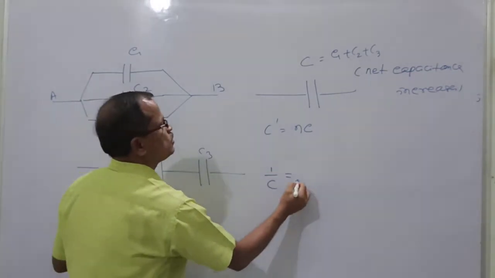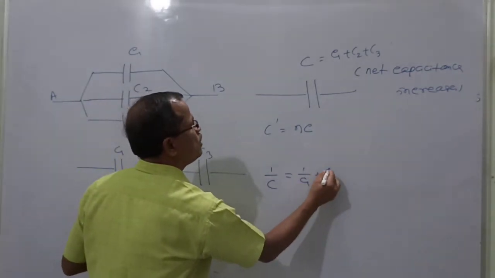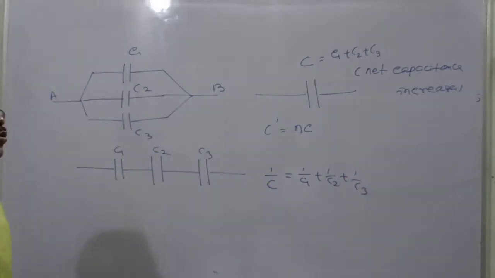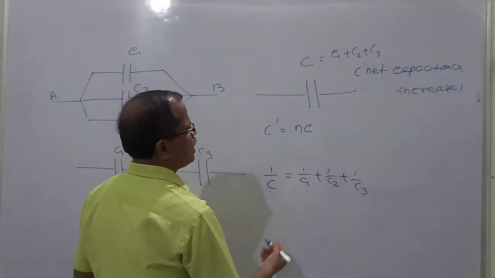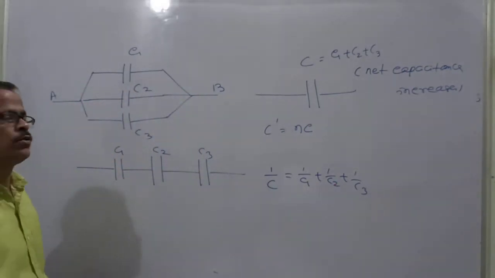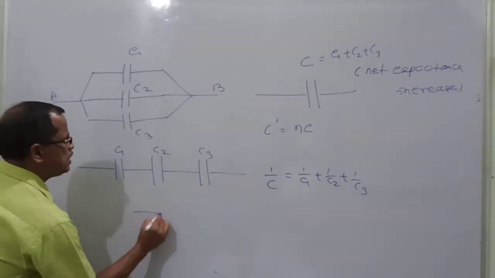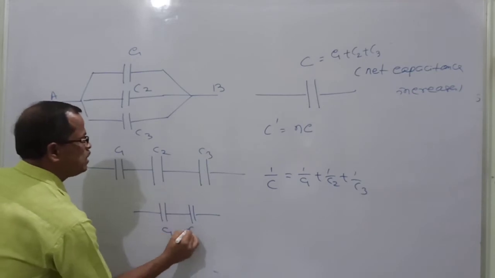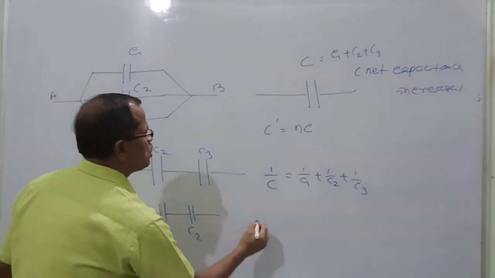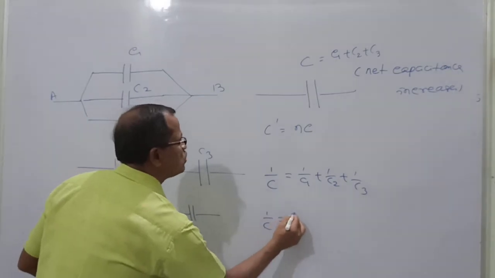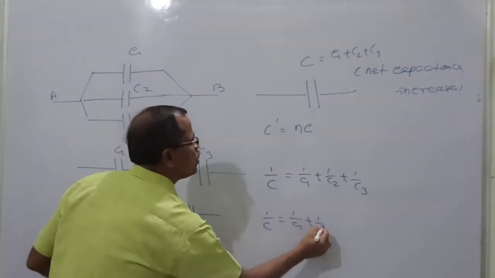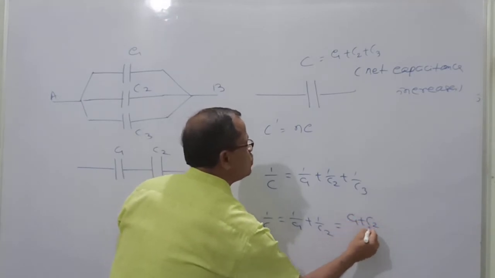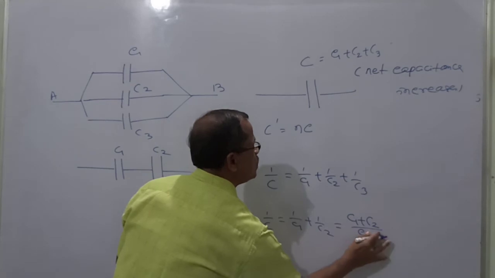The equivalent capacitance is given by 1 by C is equal to 1 by C1 plus 1 by C2 plus 1 by C3. This result shows that in series, net capacitance decreases. If two capacitors are in series, C1 and C2, the equivalent capacitance will be 1 by C is equal to 1 by C1 plus 1 by C2. Taking LCM, it is C1 plus C2 by C1 into C2.